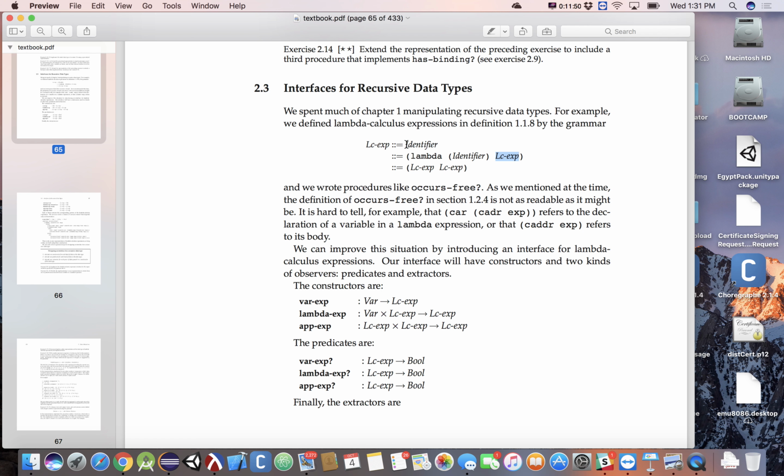Isn't a lambda calculus expression either one of these, or one of these, or one of these?